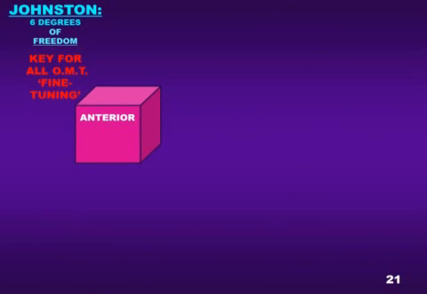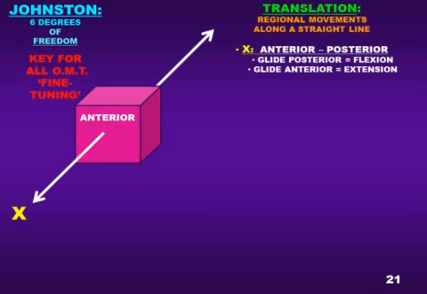Now, Bill Johnston, this is in the new issue of Foundations, and I think this helps to explain taking the doodad where it wants to go and fine-tuning it. And it's the key principle for getting good results with all OMT techniques. Translation is moving a segment along a straight line.